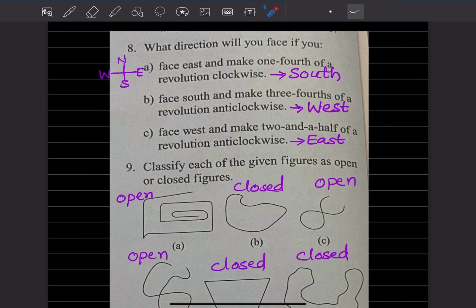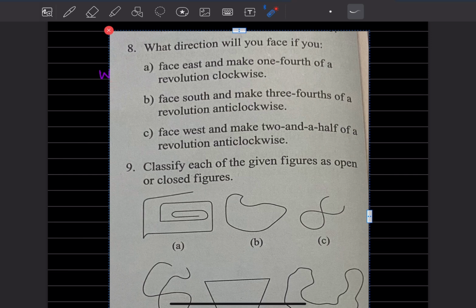From west to this one, east. So 2 is already you are going to land on west only, and anti-clockwise means you will go like this, because this is half of it. This quarter and this quarter is going to be half of it. You are going to start from west, so that is going to be east.